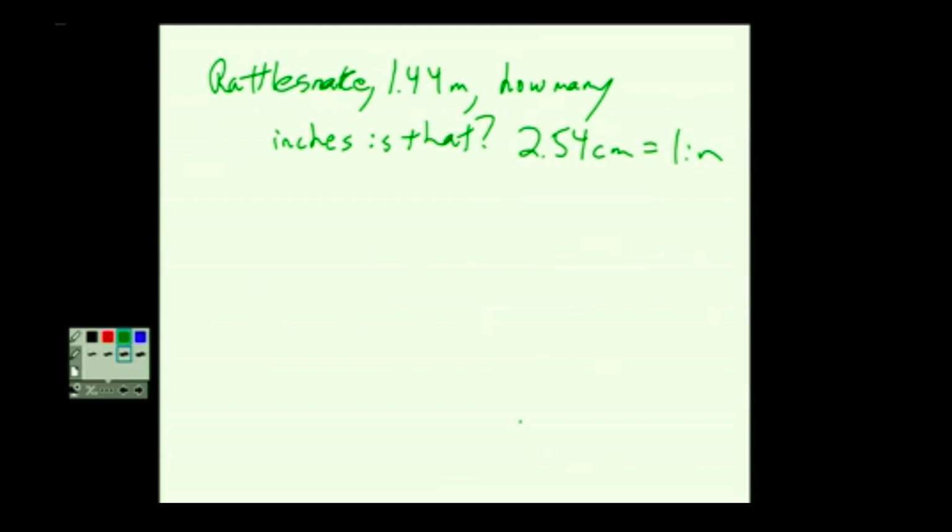See what I'm saying? A lot of you are struggling with this. Is it 100 centimeters equals 1 meter, or is it 100 meters equals 1 centimeter? Is a centimeter bigger or smaller than a meter? It's smaller, right? You guys use a meter stick in a lab, right?